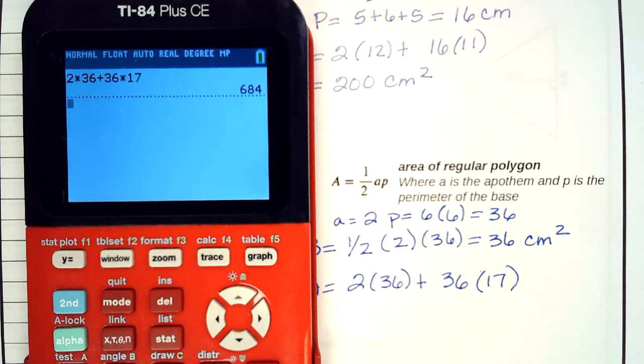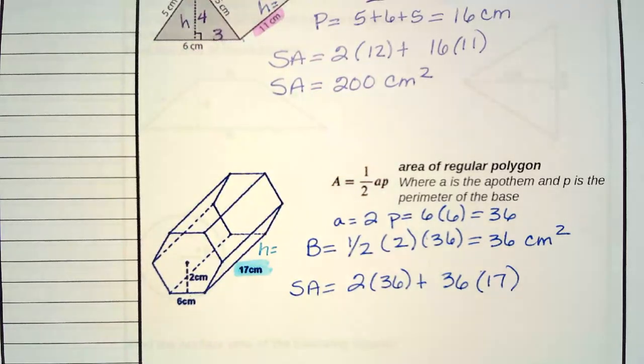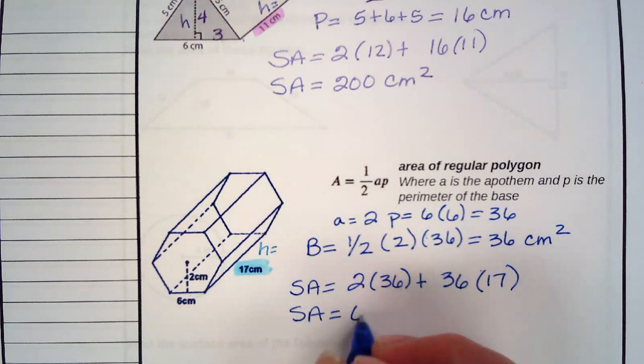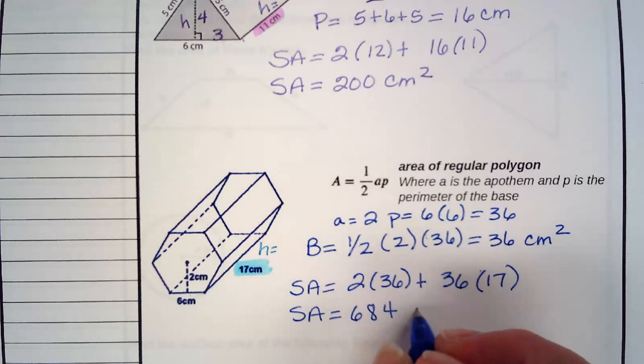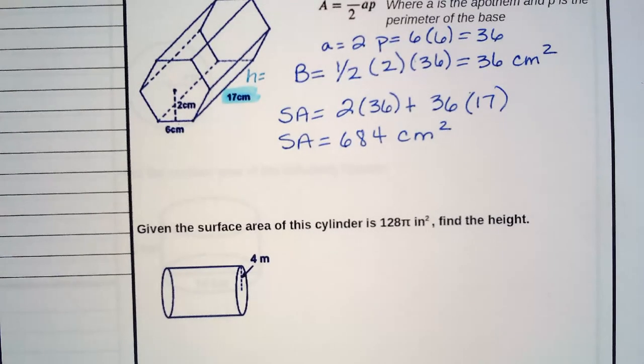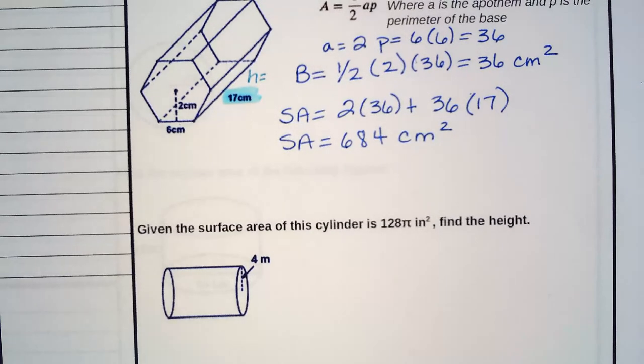You end up with 684 centimeters squared. And that takes us down to what happens if you're looking for the height.